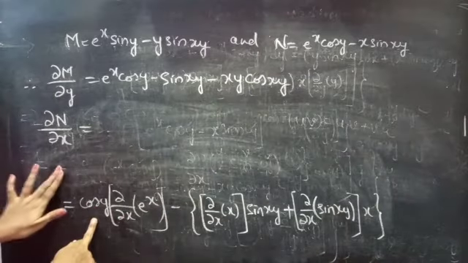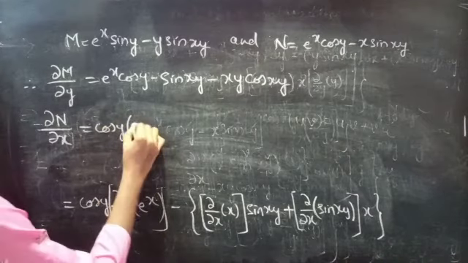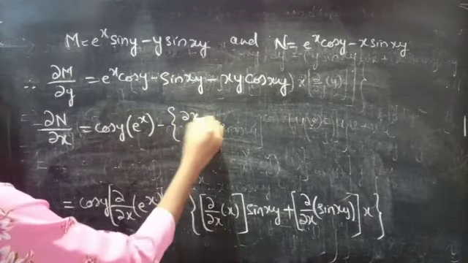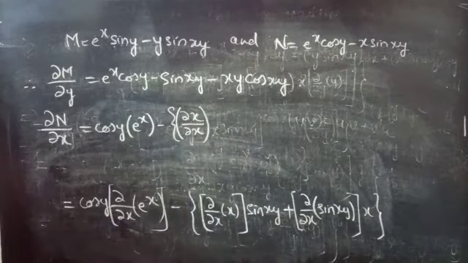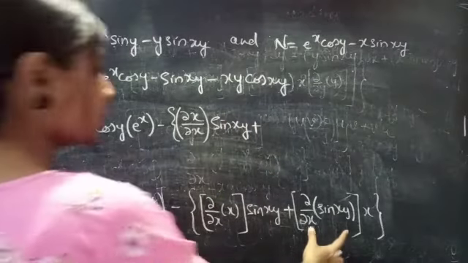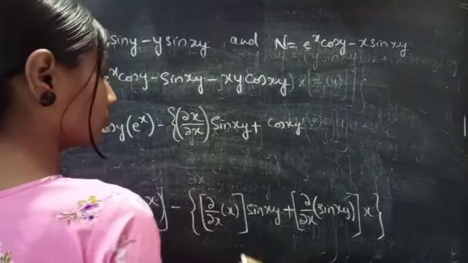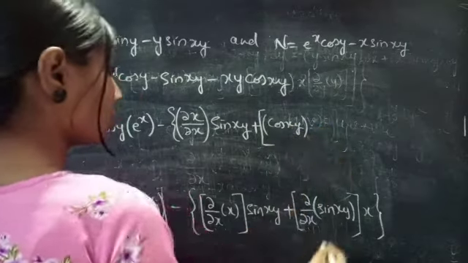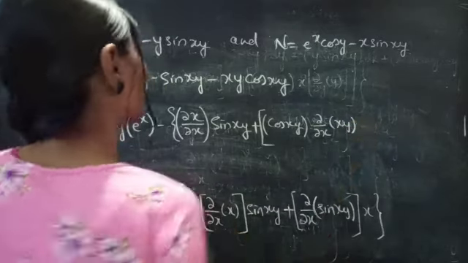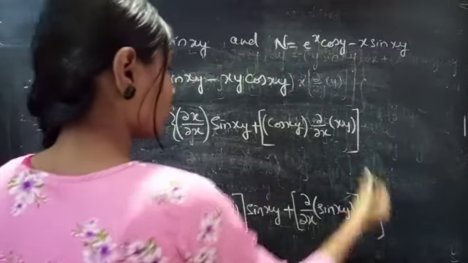Is equal to cos y into the derivative of e^x with respect to x, which is e^x, minus of, you can write ∂/∂x of x as ∂x/∂x, the derivative of x with respect to x is 1, into sin xy, plus the derivative of sin xy is cos xy, into ∂/∂x of the inner function, that is xy, into this x.